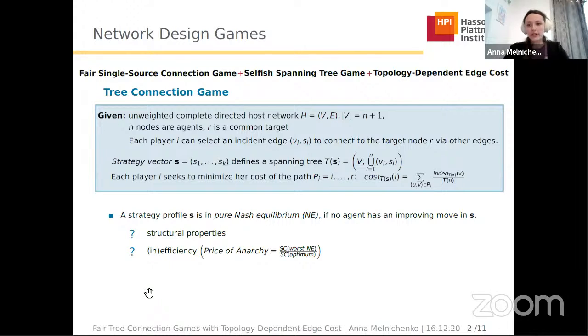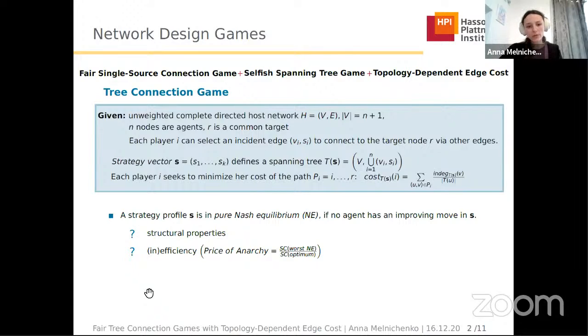And the corresponding questions are: how does the stable state look? What are the structural properties of the obtained stable tree or stable trees, and how efficient or inefficient is this tree, which is usually measured by the price of anarchy, the ratio between the total social cost of the most expensive Nash equilibrium we can obtain for a given number of players and the social cost of the optimum.